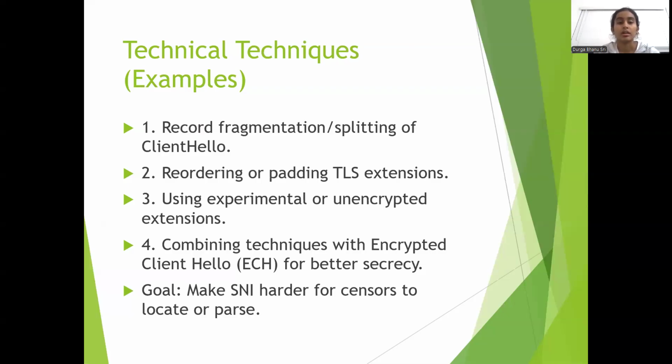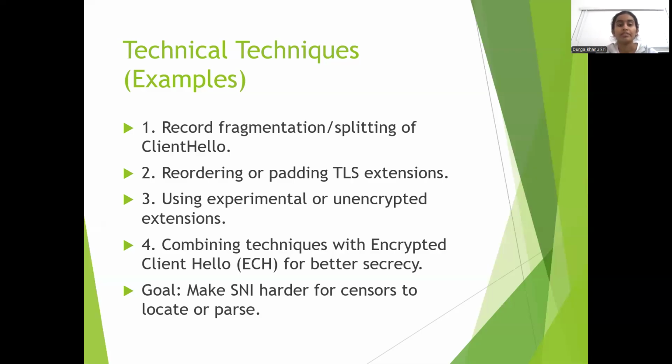Then extension reordering or padding or filler bytes: for example, reorder or pad extension fields so that SNI is less deterministic in location. The third one is using optional or experimentally unencrypted extensions to mask or shift offsets. And then interplay with Encrypted Client Hello, ECH, features if supported, to reduce reliance on plain text SNI.